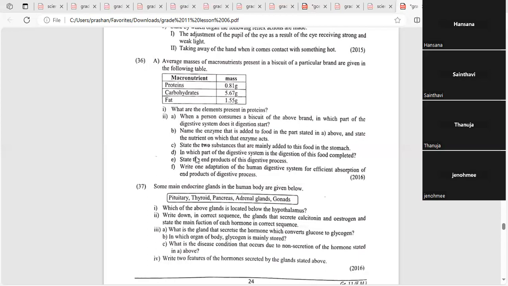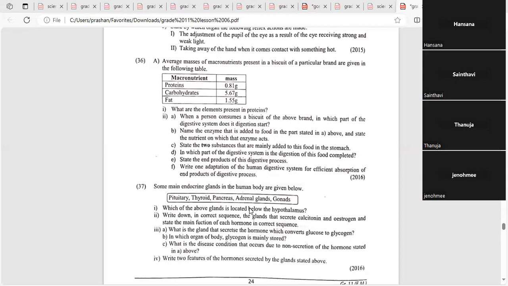Then part D. In which part of the digestive system is the digestion of this food completed? Normally food digestion is completed in the small intestine. So write small intestine. That is the correct answer.